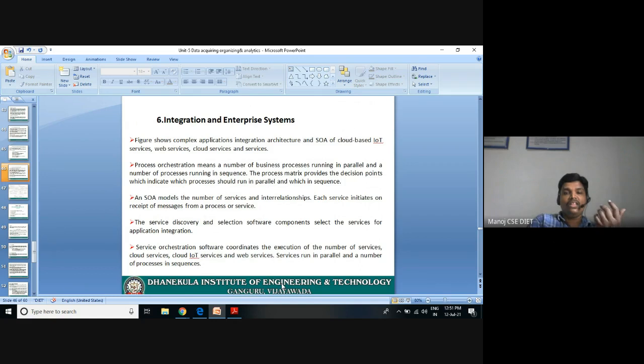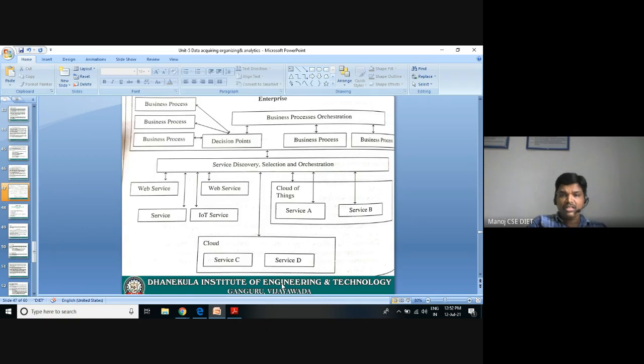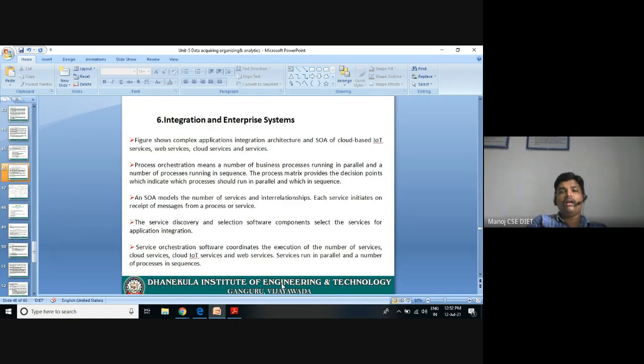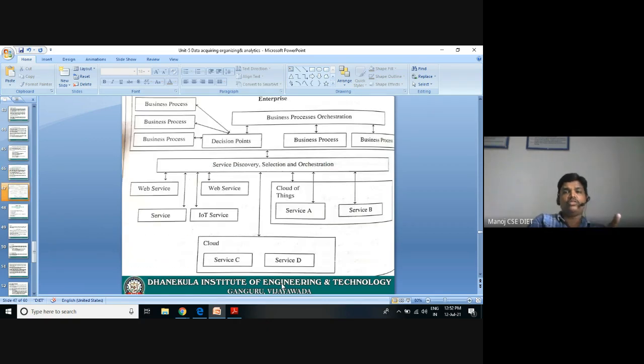There we are representing the process orchestration, that means the business processes running in parallel and in sequence, as well as service orchestration. It is software which coordinates the execution of multiple services, whether cloud service, IoT service or web service. They all execute in parallel and in a sequence. That sequence regarding the processes and services can be visualized through this diagram.